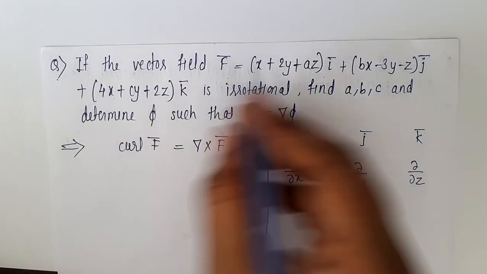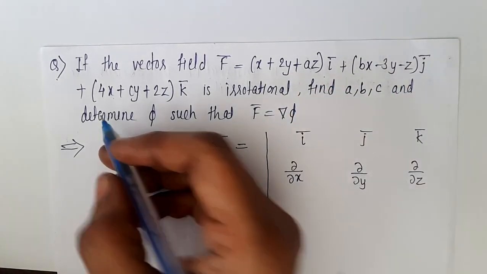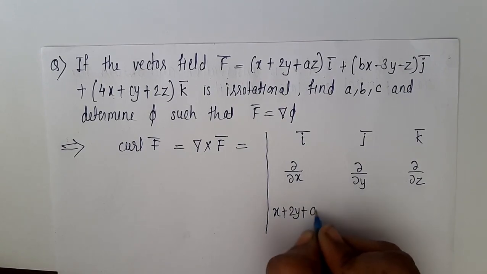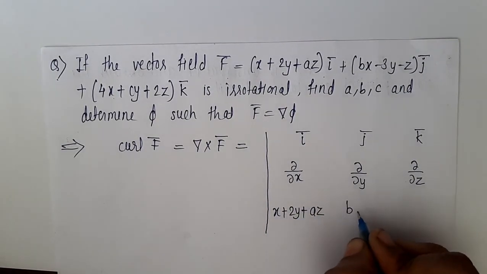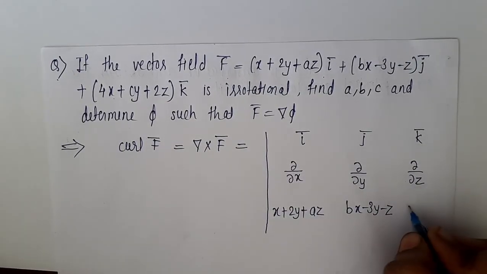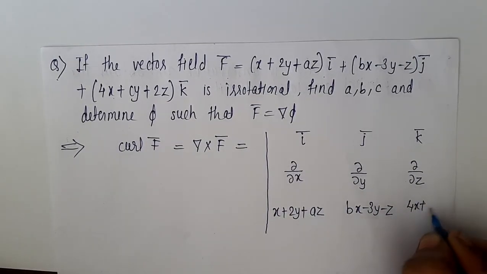And third row coefficient of F1, F2, F3. F1 is x plus 2y plus az, then bx minus 3y minus z, and F3 which is 4x plus cy plus 2z.